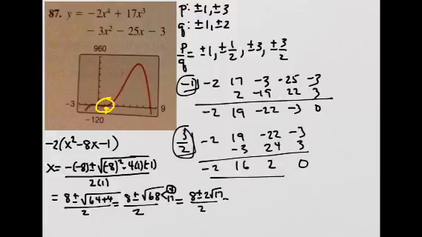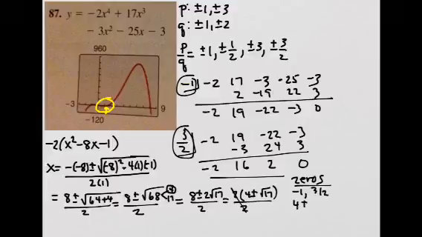I can factor out a 2 from the numerator and then reduce, the 2 over 2 is 1. So my zeros are -1, 3 halves, and 4 plus or minus radical 17.